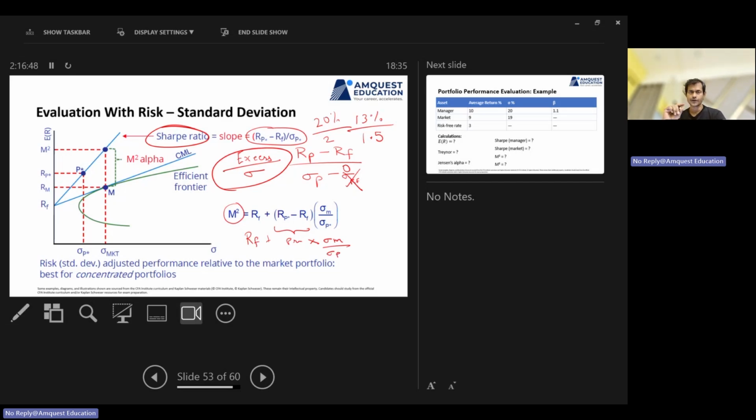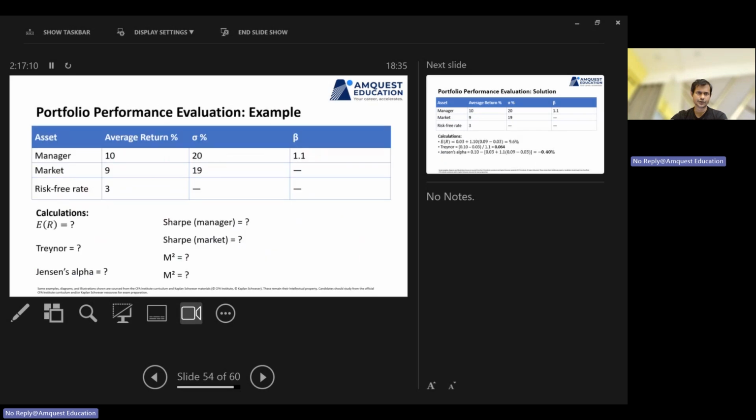Because don't forget, you're taking extra return because of extra risk. So it is simply computing the risk-free plus the premium into deviation upon deviation. That is called the M-square ratio. That's nothing but the extra return that you're effectively making on the M-square model. This you'll have to learn a bit, but Sharpe, Treynor, and Jensens alpha are more straightforward.